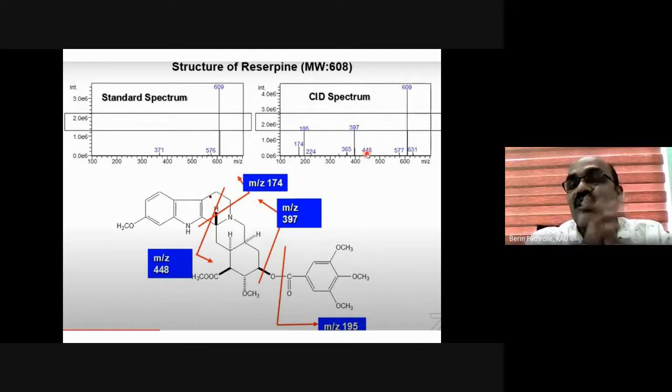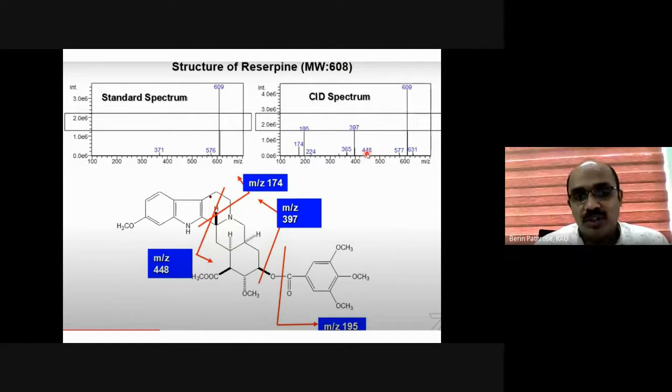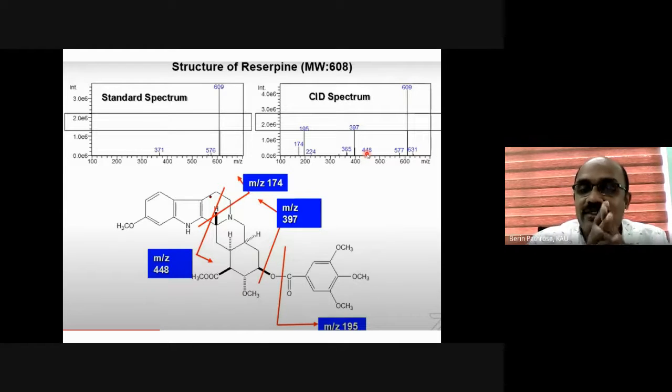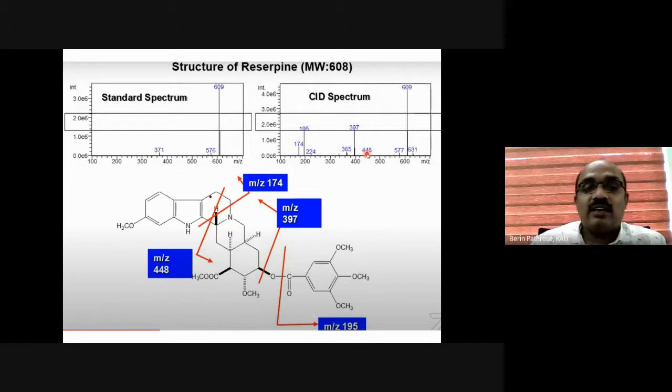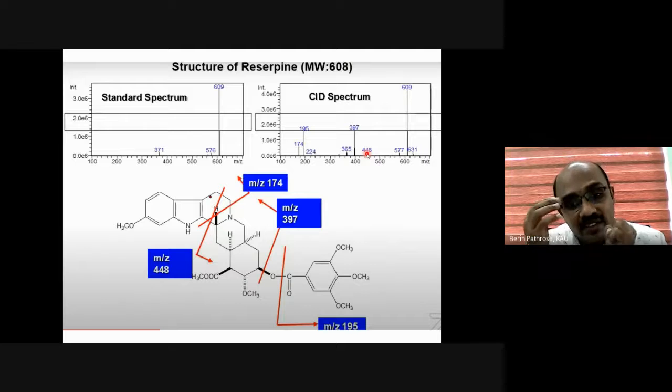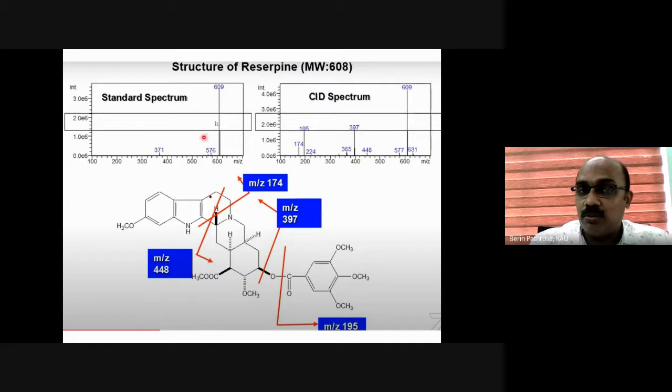This dissociation pattern is constant for each and every compound. Just like I told you, water, H2O, has a molecular weight of 18. There is another molecule which has the same molecular weight of 18. But once it reaches the collision cell, there can be a confusion because two compounds have the same molecular weight.